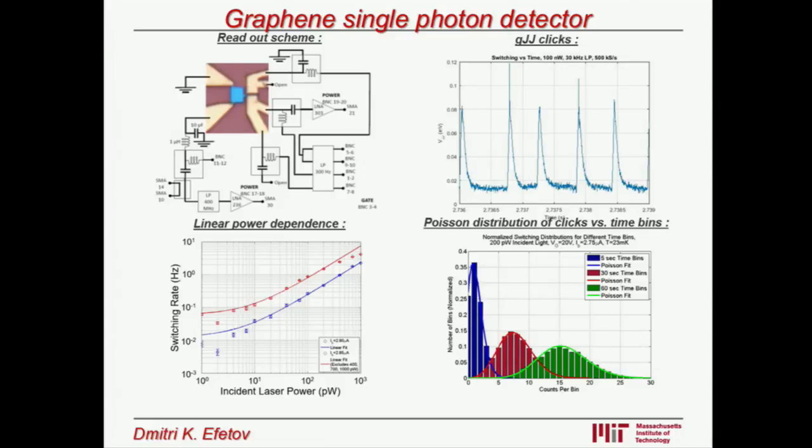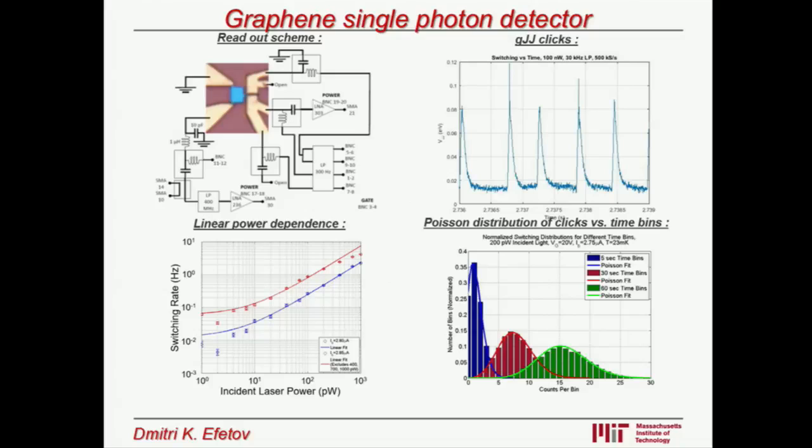If we increase linearly the amount of photons in, we proportionally increase the amount of clicks. And if we take a Poisson distribution of those clicks versus time bins, so per time bin how many photon clicks we get, they are randomly distributed. They just follow a Poisson fit.